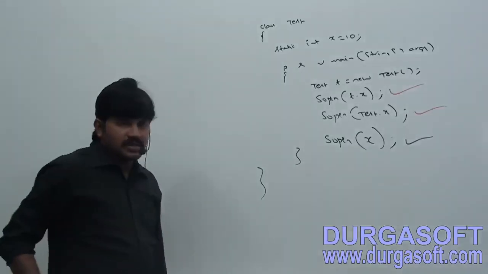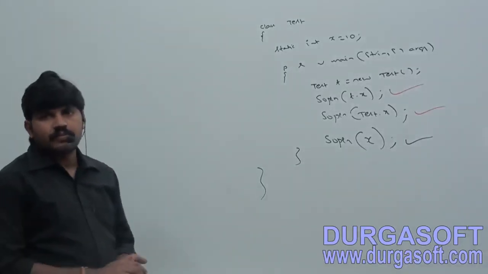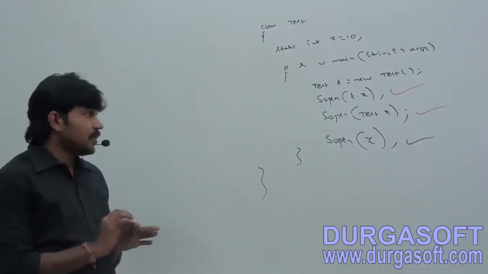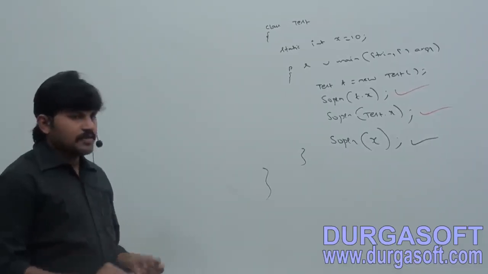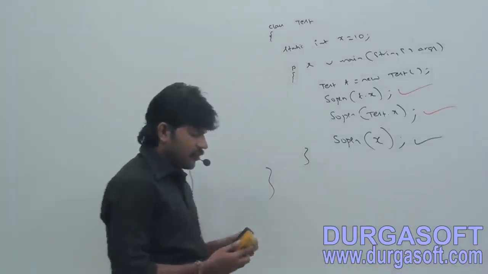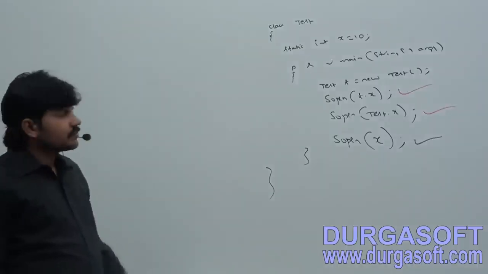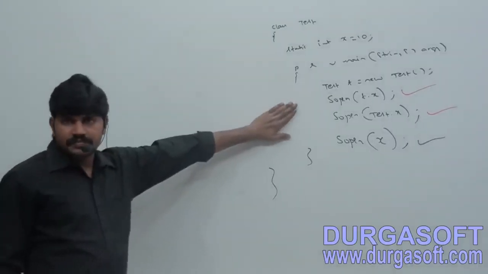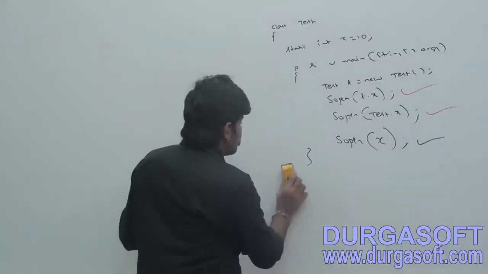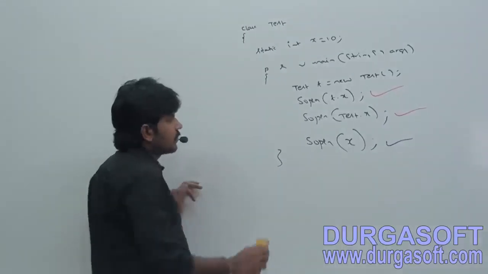Next, SOP of x. Completed, right? Next, within the same class we can access directly and it is not required to use a class name. Completed, right? Okay, that's all. Next one, clear.